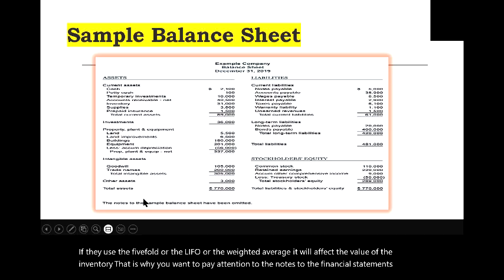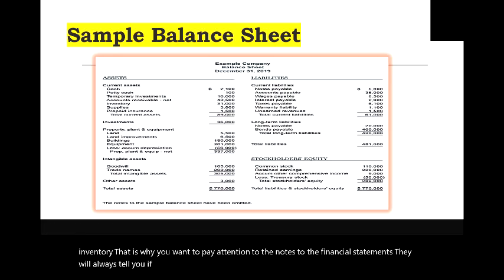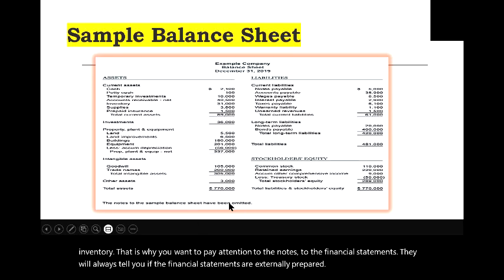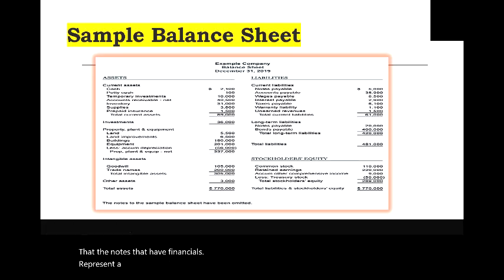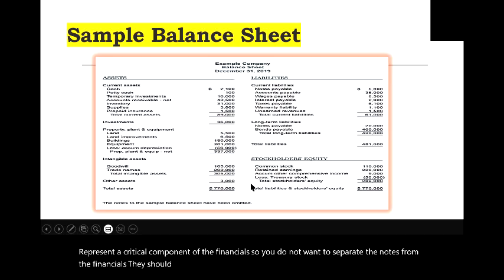They will always tell you, if the financial statements are externally prepared, that the notes to the financials represent a critical component of the financials. So you do not want to separate the notes from the financials. The financials should be read in conjunction with the notes to the financials.